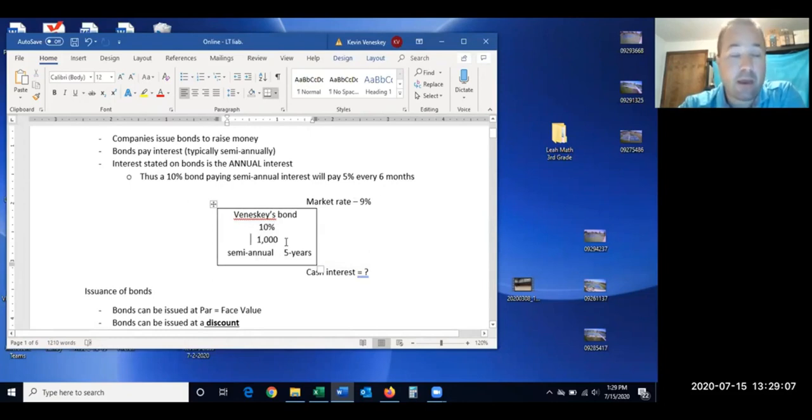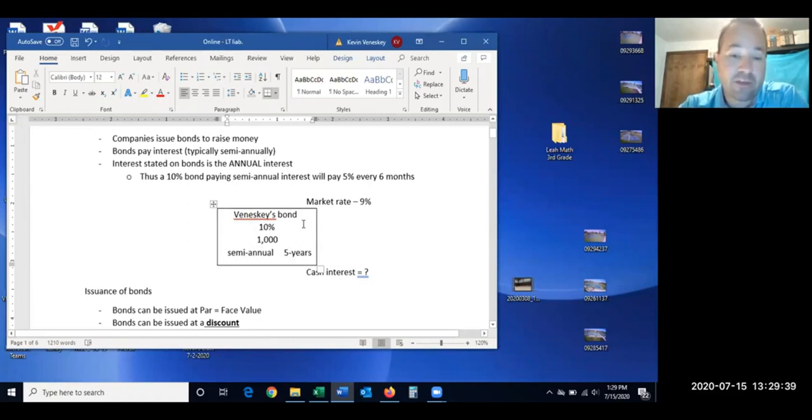When I pay them back, I'm going to be paying them back the $1,000. And at the bottom, I always put how often I am paying interest, and how long the bond is good for, meaning when I have to pay it back if I'm the one issuing the bond, in 5 years. If I pay semi-annual interest, I'm going to be paying interest 10 times, because twice every year for 5 years.